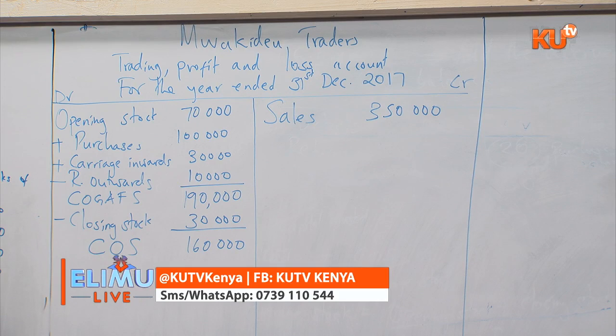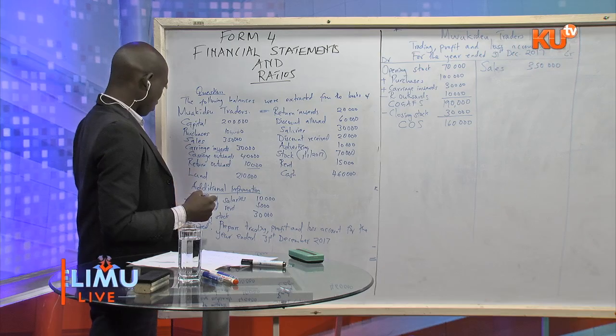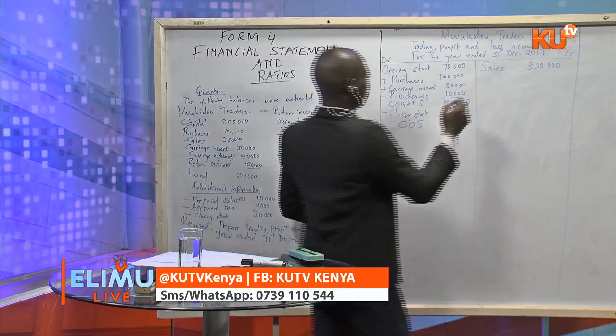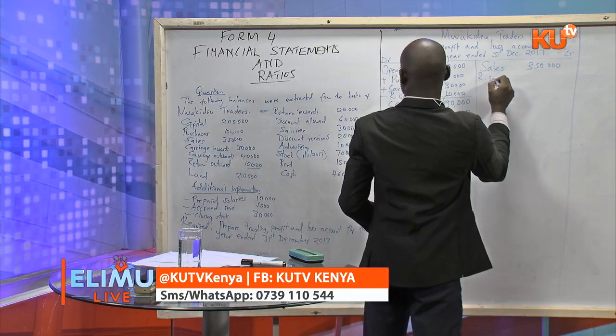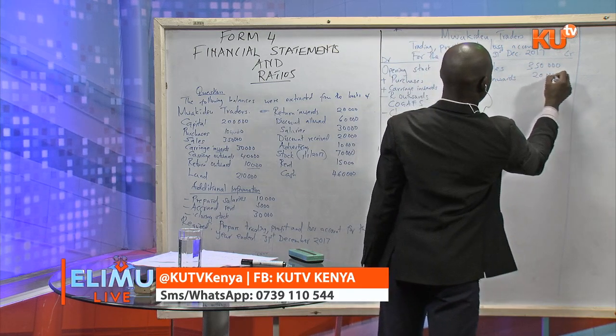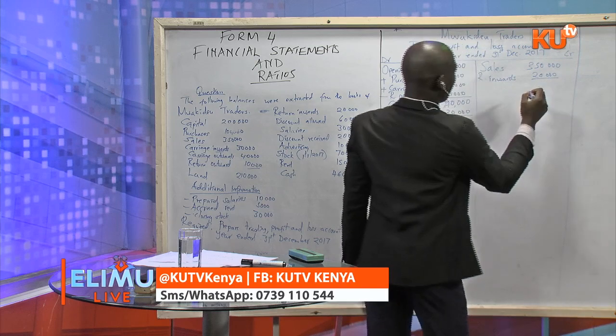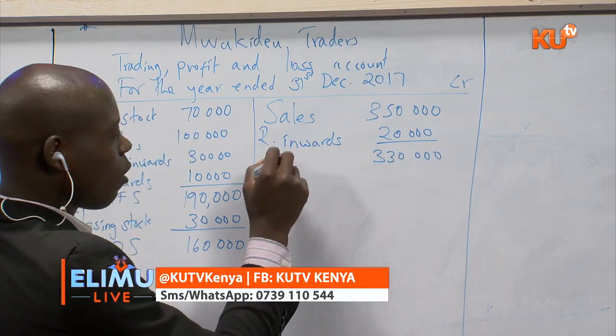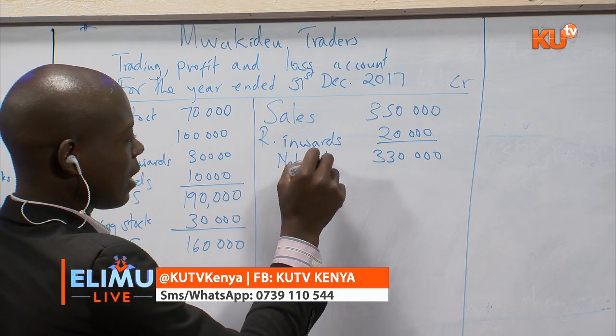We subtract sales returns or returns inwards. That is 20,000. This gives us a figure. We have 330,000. And this one is what we call net sales.